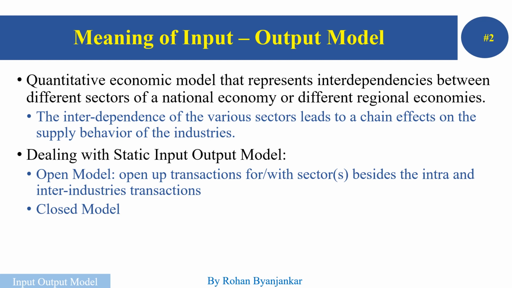This means that the input output model shows the intra and inter linkages and their inter demand and supply within the economy. So the input output model shows the interdependence of the various sectors, and it also helps to determine the multiplier effect, also known as the type 1 multipliers, type 2 multipliers, and type 3 multipliers.